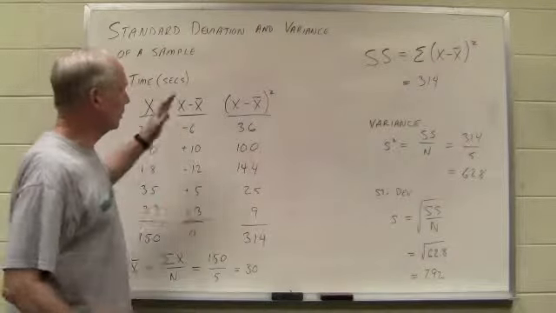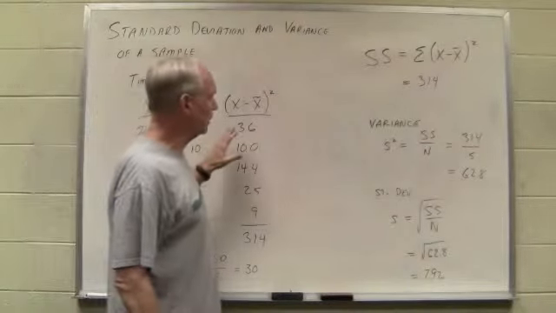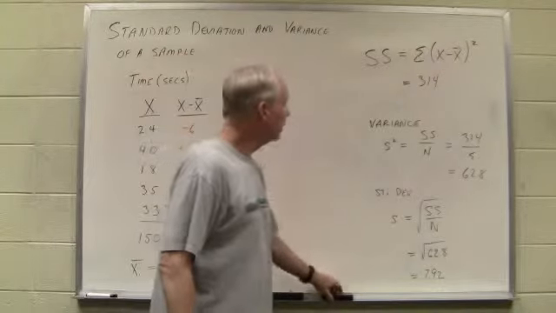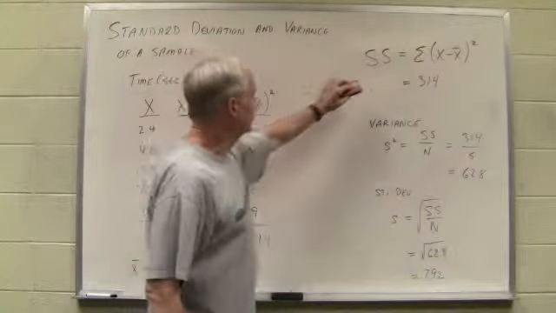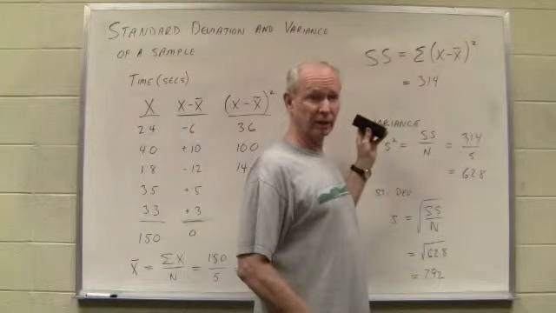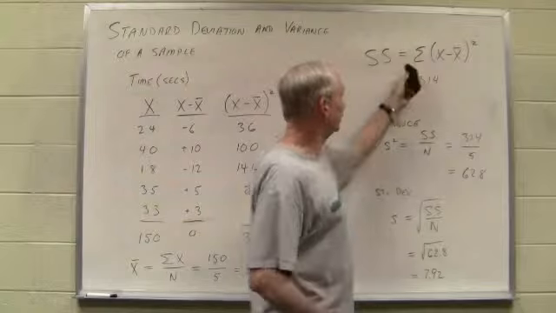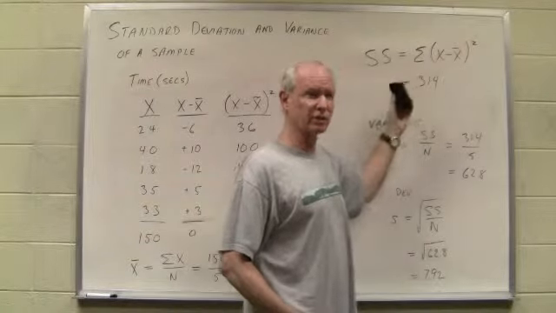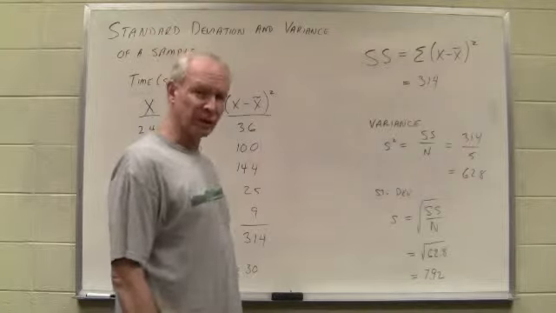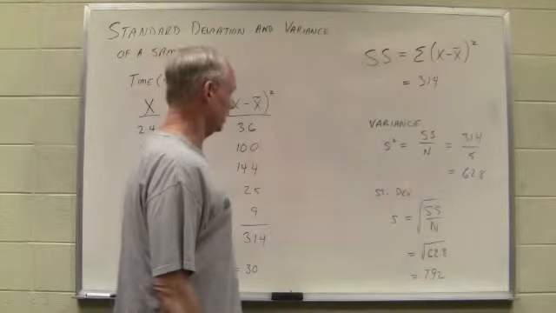Now, a fairly simple concept once you've done it a couple of times. However, this way of computing the sum of squares, even though it is, I think, logical because it conforms to essentially the definition of the sum of squares, it's not the easiest way to do the calculation usually.